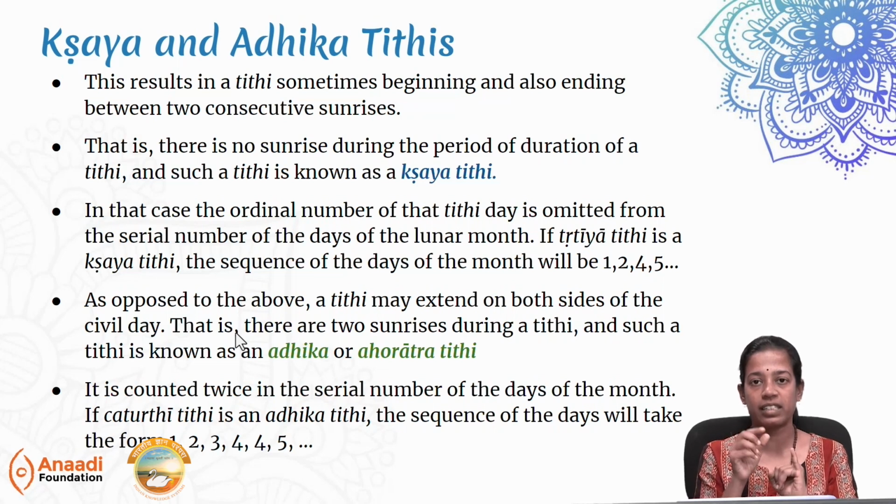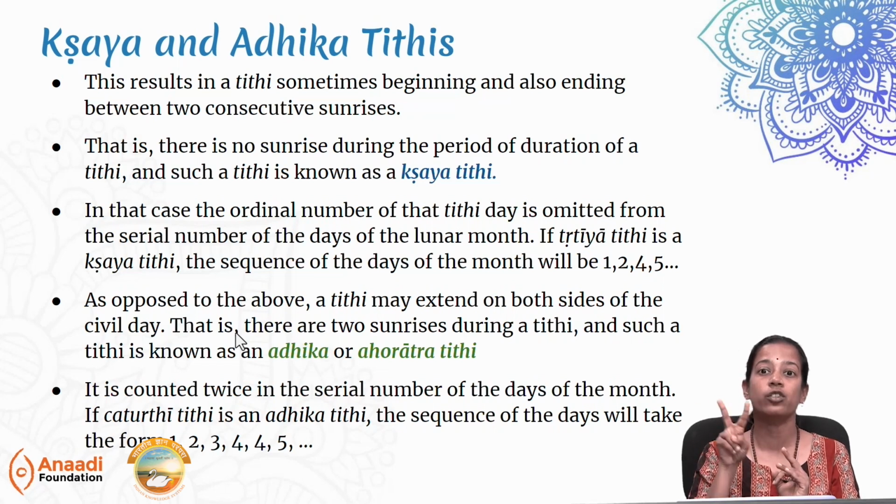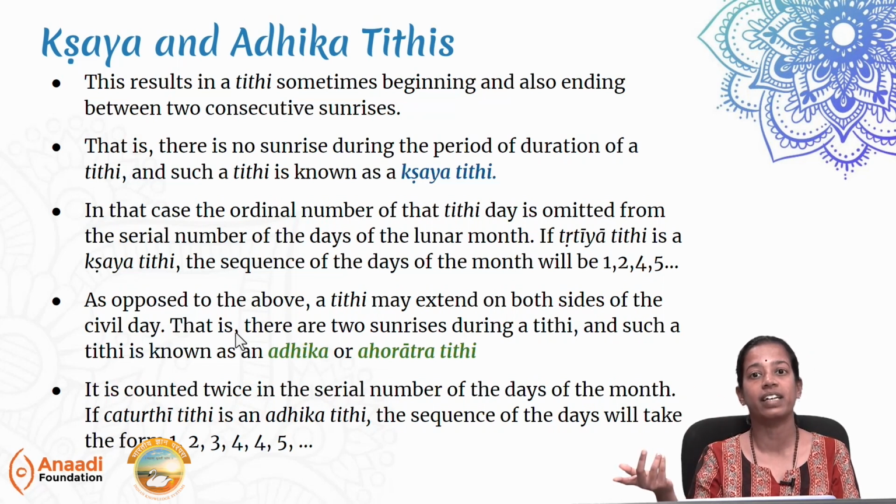So, it has touched today. By the day I mean the civil day. Today's civil day gets counted as that Tithi. The next day also it will span, because after 1 hour is over, there will be the 24-hour cycle for tomorrow. So, 25 hours are over, and then there are 2 more hours. So, it will flow into the third day as well.